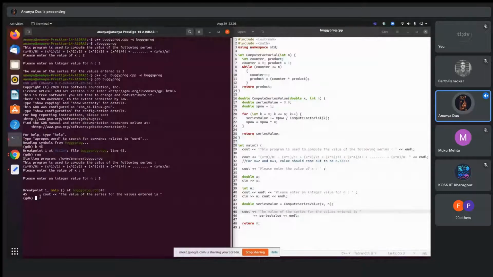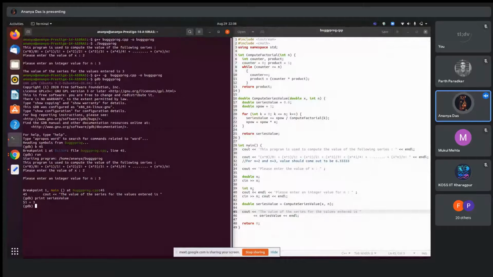We can see that the code has stopped at the first breakpoint, which is at line number 45. Now, let's say I want to know the value of series value at this point. So I will just give the command print series value. And it comes out to be 3, which is wrong, as we know. So this code is at fault.